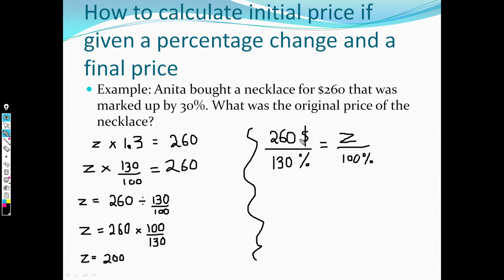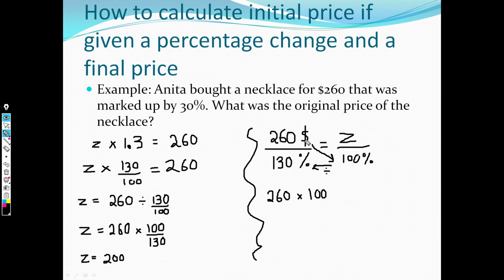Okay? And when you do cross multiplication on this, you actually end up getting the same thing that you get over here. When you do cross multiplying, you go diagonally first by multiplying. So you're going to say 260 times 100. And then you're going to divide by 130. So when you go across like that, you're going to divide.